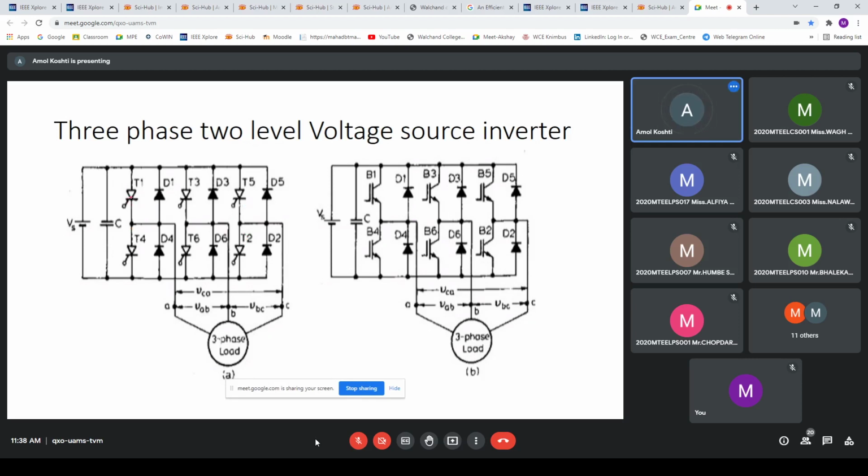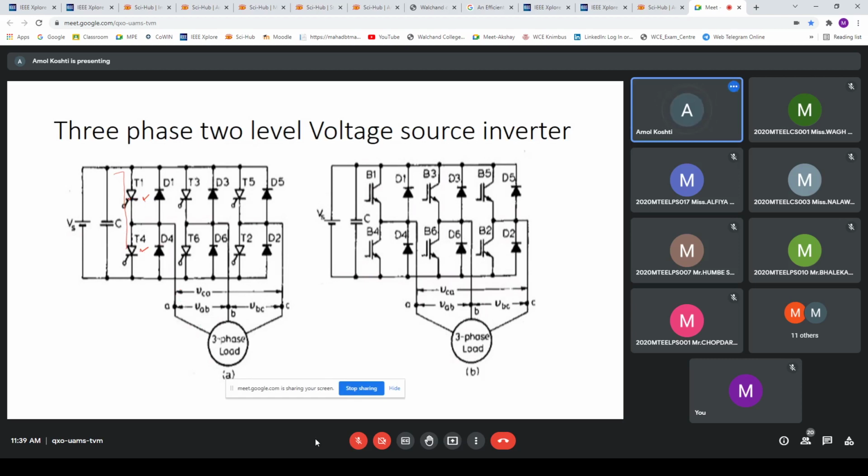We are switching these switches, or SCRs, or if we are using MOSFET or IGBT, in such a way that T1 and T4 cannot be turned on simultaneously. Why? Because if these two switches are turned on simultaneously, it creates a short circuit, which is not allowed. We cannot get the desired output at the load.